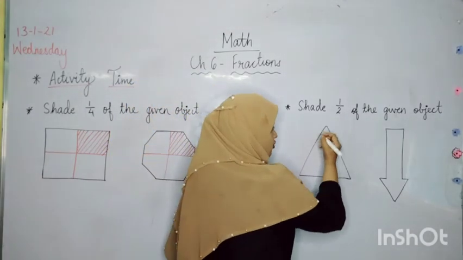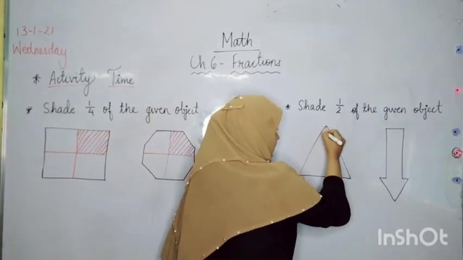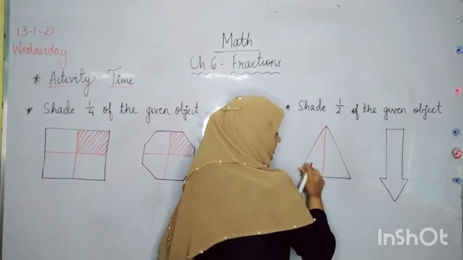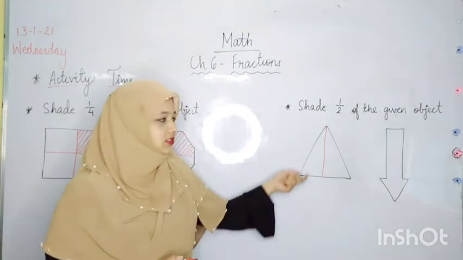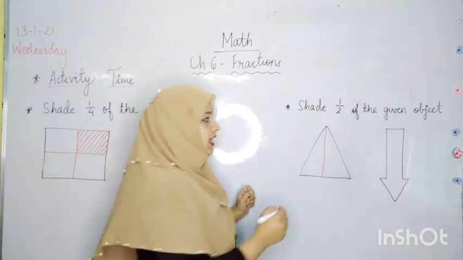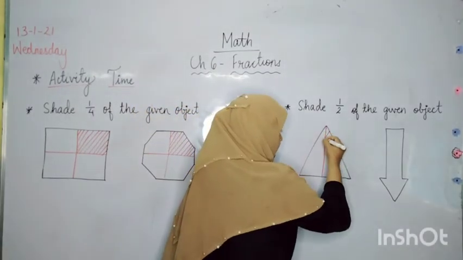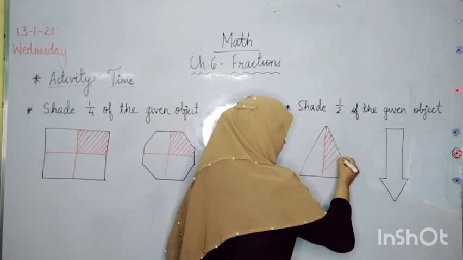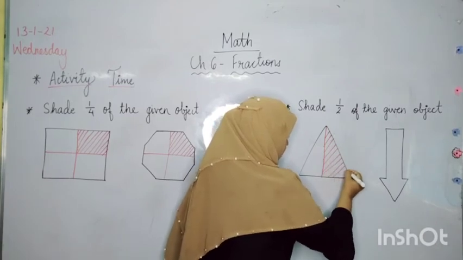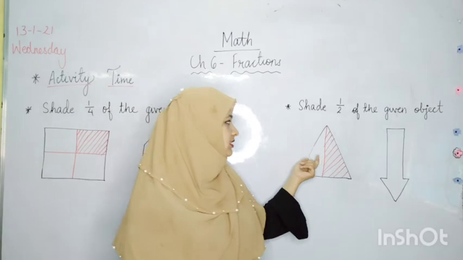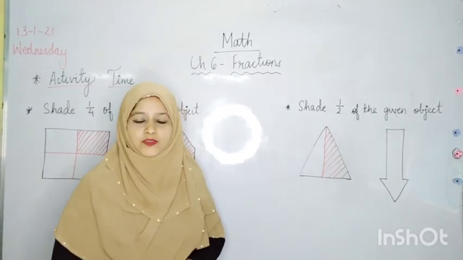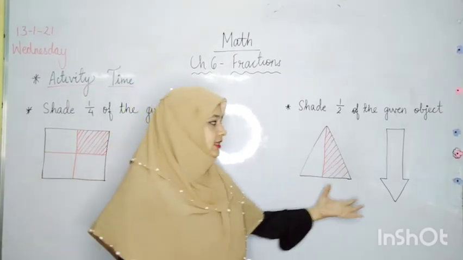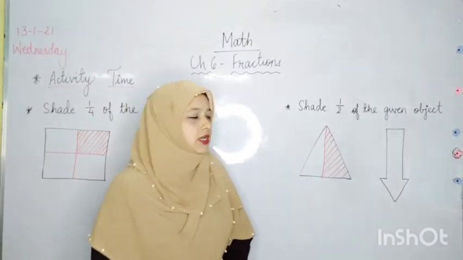For this first shape, that is a triangle, I will put a line in the middle and get 2 equal parts. I got 2 equal parts and I will color one part. Now as you can see, I have shaded half of the triangle. Let's move to our next shape.